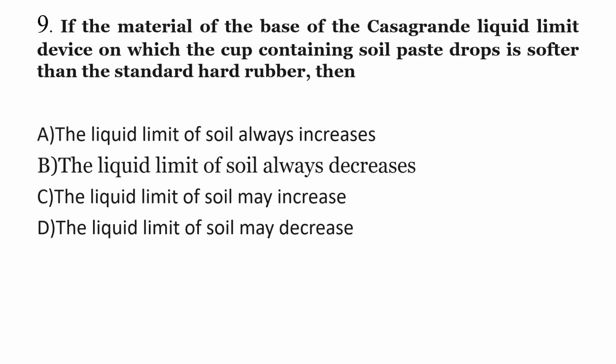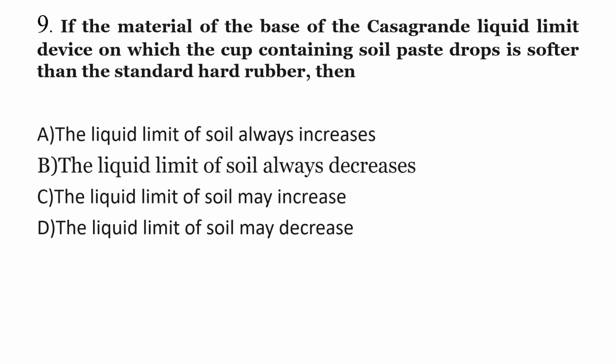So for that we have to know what the liquid limit is. How do you determine the liquid limit? Liquid limit is determined using the Casagrande apparatus, and the liquid limit is the water content corresponding to 25 blows. That is, we are raising and lowering the cup of the Casagrande apparatus, which is filled with the soil paste, after giving a groove through the middle of the soil. So we are counting the number of times we raise and lower the cup, and the groove which we have made in the middle of the soil paste should close.